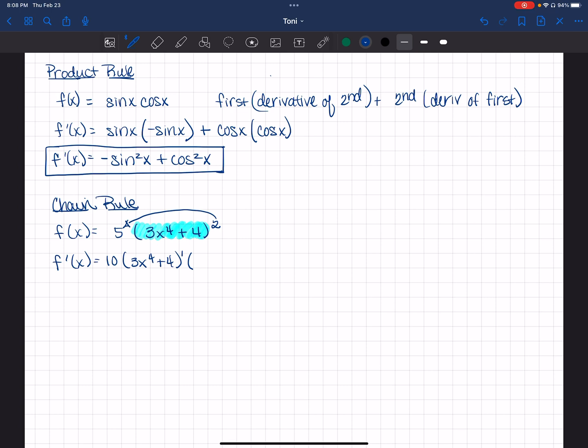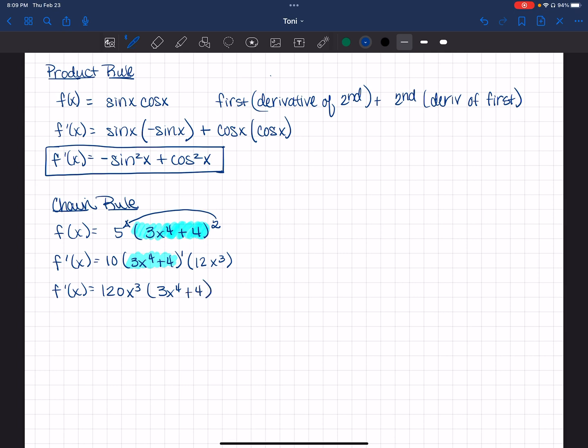Let's take the derivative of the blue part there, the inside. Because see here, my blue part's still the same. And that's going to be 6x. Well, the derivative of 4 is 0. Okay? Now, all that's multiplied, so I can actually say 10 times the 6x, which gives me 60x, times 3x squared plus 4.